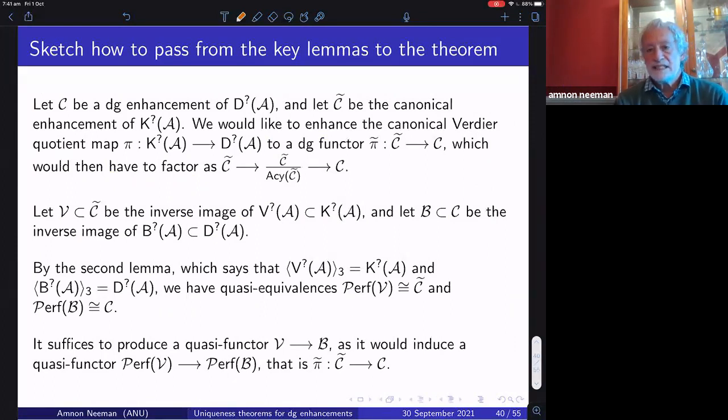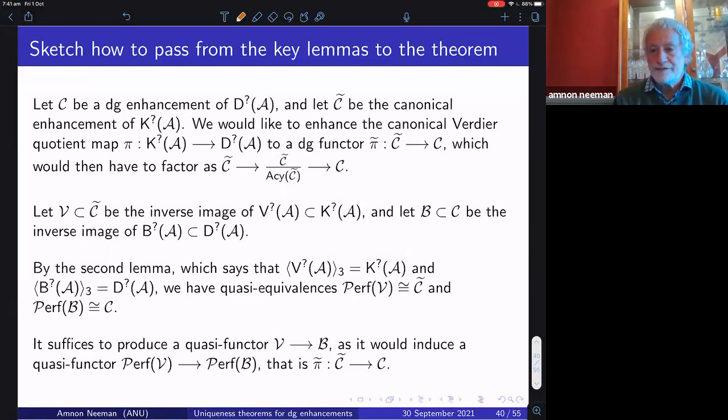And we take C tilde to be the canonical enhancement of the homotopy category. We would like to enhance the Verdier quotient map pi to a DG functor from C hat to C. And the reason is that C is defined to be C hat modulo the acyclics.